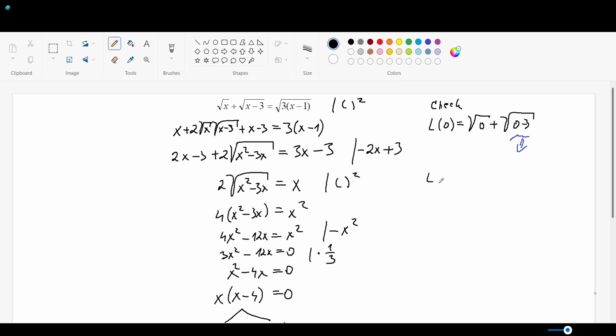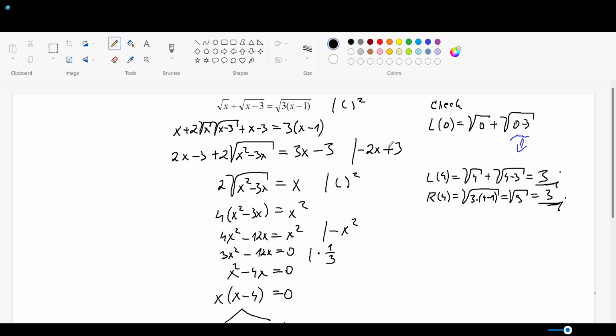We can simply skip the rest of the check for x being 0, and we can do the check for x being 4. The left side for number 4 is the square root of 4 plus the square root of 4 minus 3, which is, I am pretty sure you can see, 2 plus 1, it equals 3, and the right side for number 4 is the square root of 3 times 4 minus 1, which is the square root of 9, and this is really number 3.